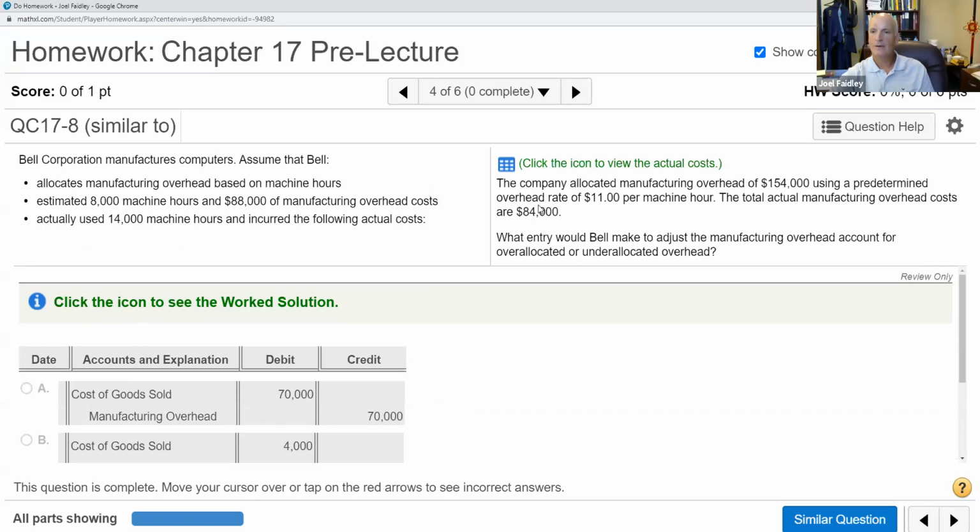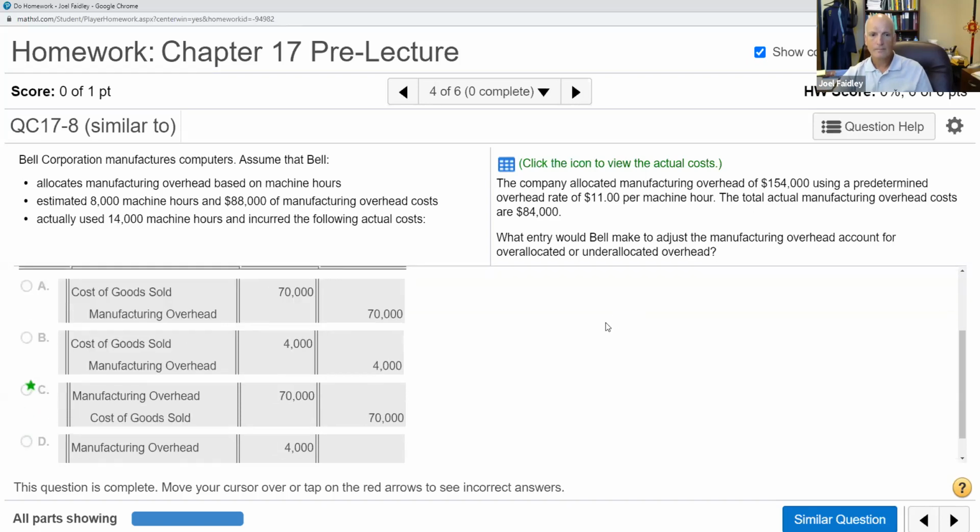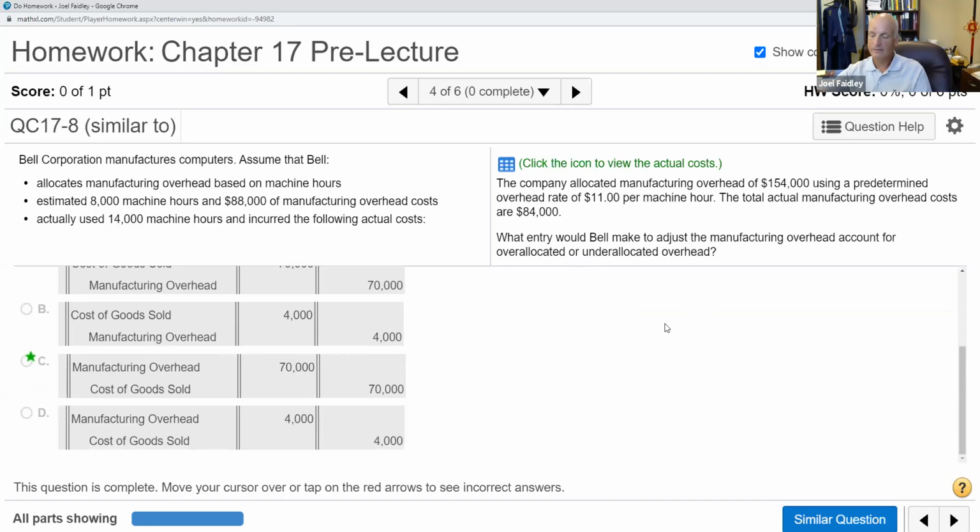You have a debit balance of $84,000, and they allocated $154,000. And so you've got a $70,000 balance? And so what entry would they make to adjust the manufacturing overhead?